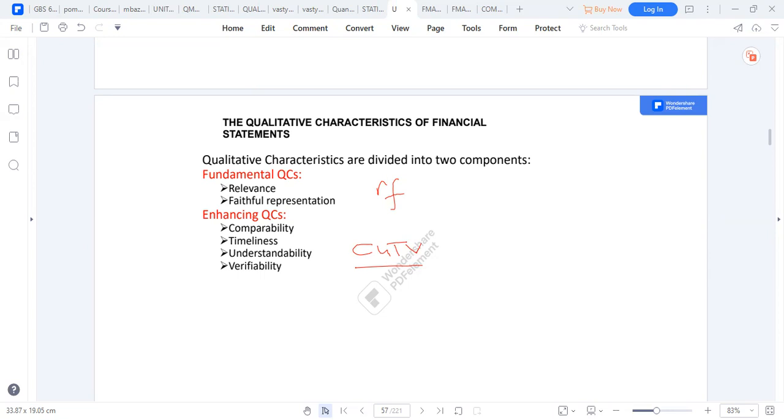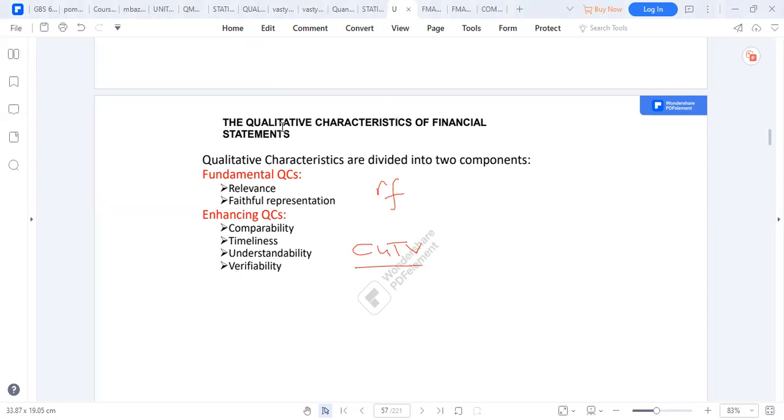So verifiable means it must be auditable. Auditors must come and say this is correct and in line with our requirements. It must be reliable and able to replicate results through similar methods of data. So this is very important and makes up the characteristics of qualitative information.